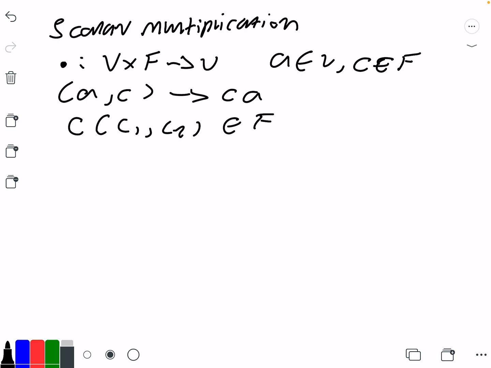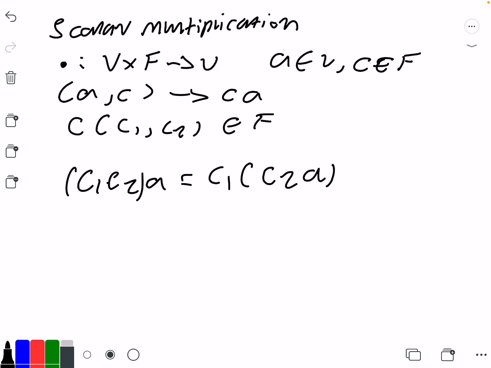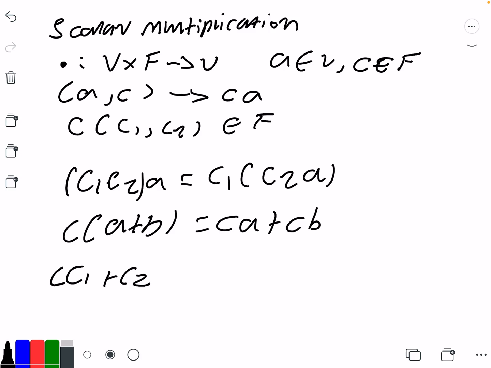We must have that C1(C2A) equals (C1C2)A. We must have that C(A plus B) equals CA plus CB, so distributivity, and we must have that (C1 plus C2)A equals C1A plus C2A. And that is all you need to know because those are all the vector space axioms.